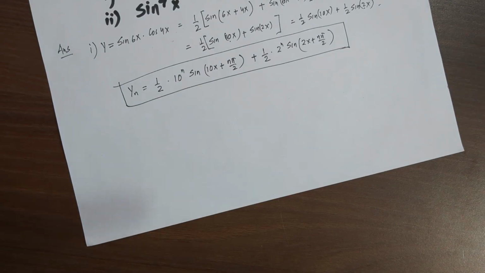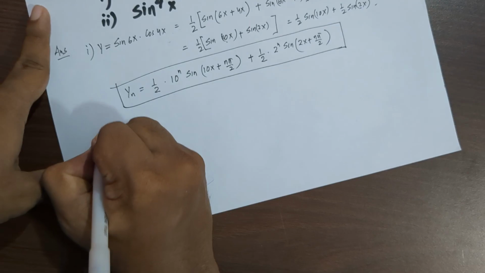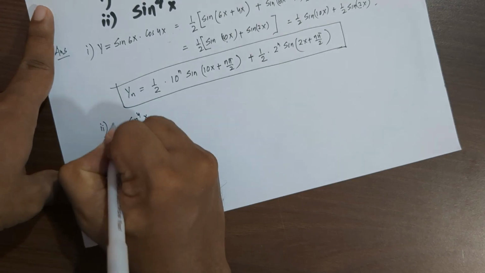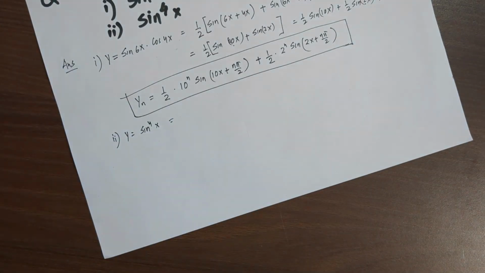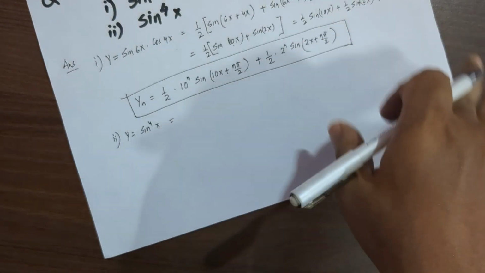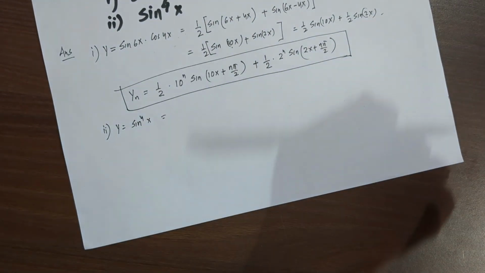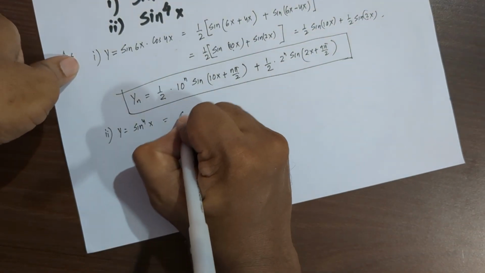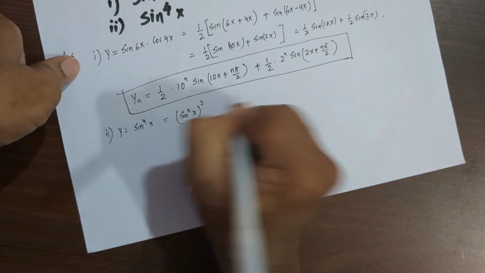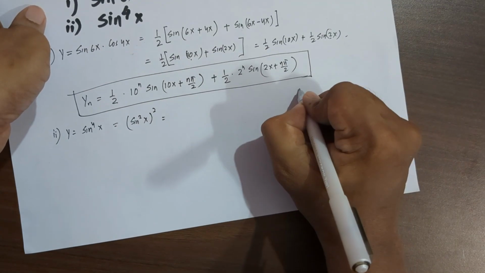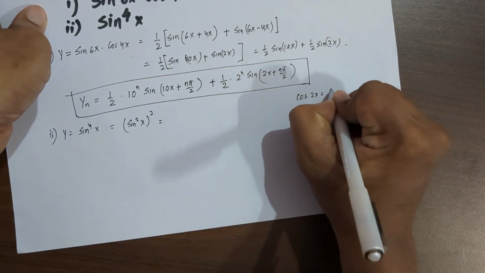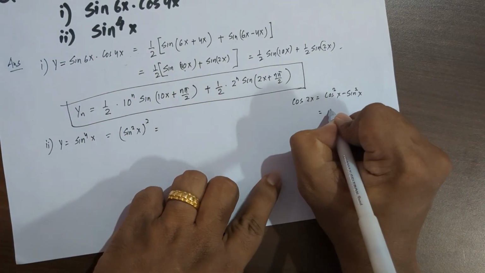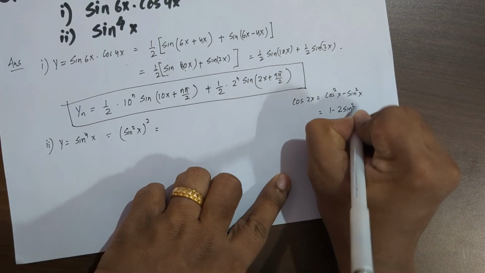Next, for the second part, let's say this is y. We are going to convert this one to the same form, with terms containing sine of ax plus b or cos of ax plus b. Note, this one can be written as a square, and we already know cos 2x is cos square x minus sine square x, or this is 1 minus 2 sine square x.